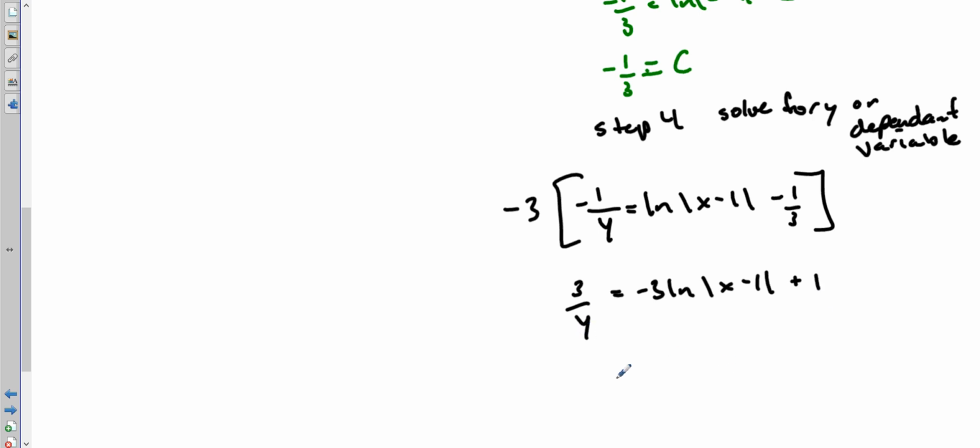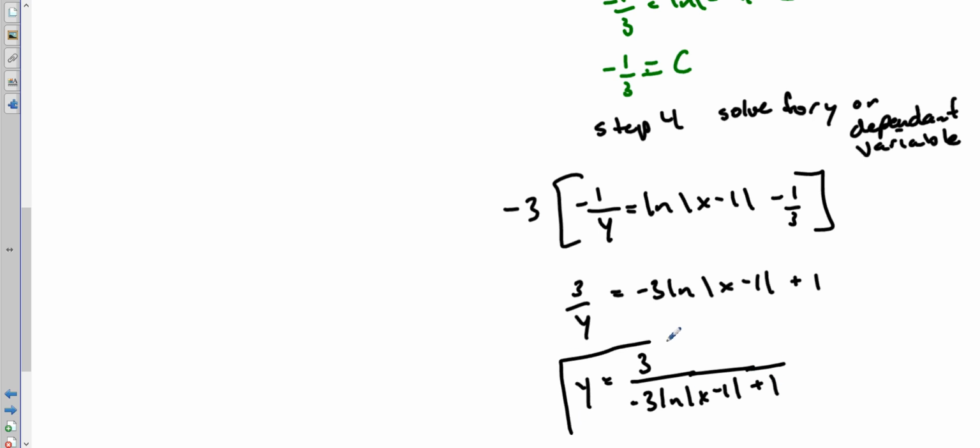Cross multiply, and for our final answer, y equals 3 over negative 3 natural log of x minus 1, plus 1. That, my friends, is your answer.